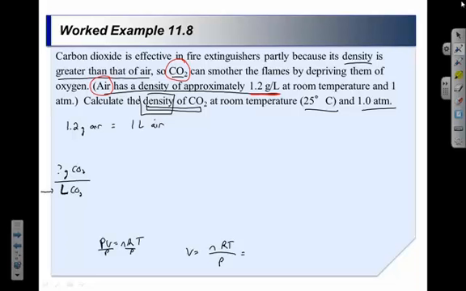So what should I plug in for n? It doesn't tell me how many moles to use. If I had a sample of CO2 that was like 5 moles versus one that was 10 moles, would they have different densities?